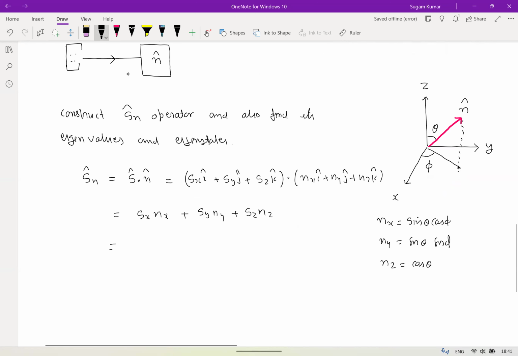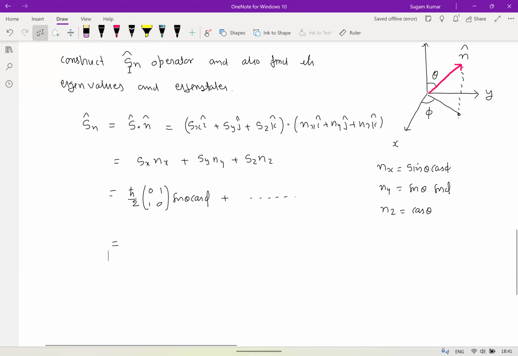And this Sx you already know is equal to h cut by 2 times the matrix 0, 1, 1, 0. And here you have sine theta and cos phi. Plus, similarly, you can expand this one. You can do this exercise yourself.